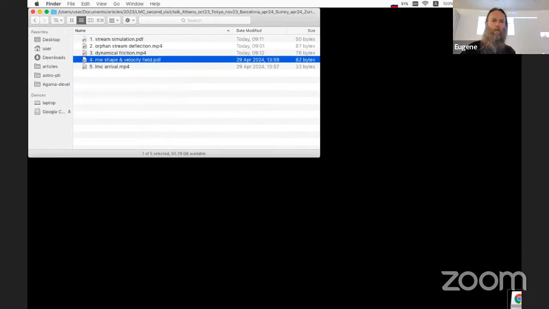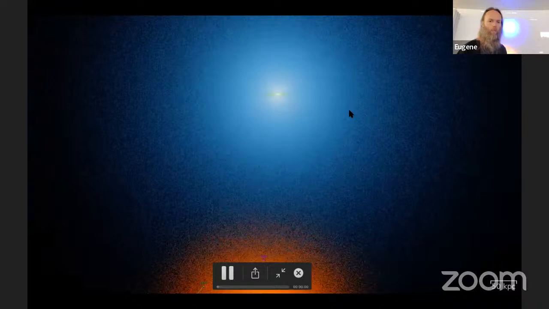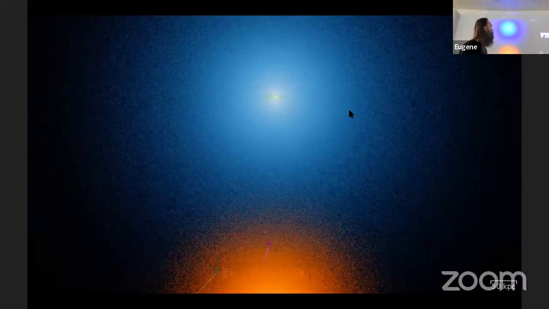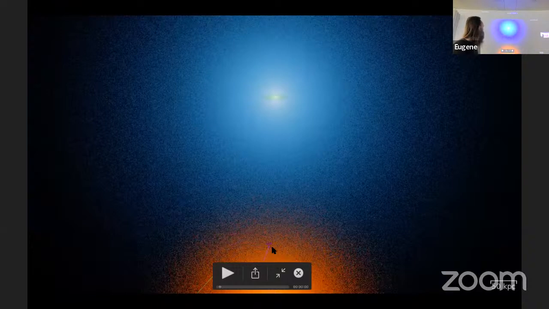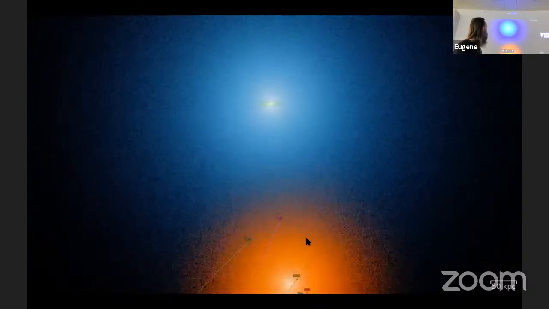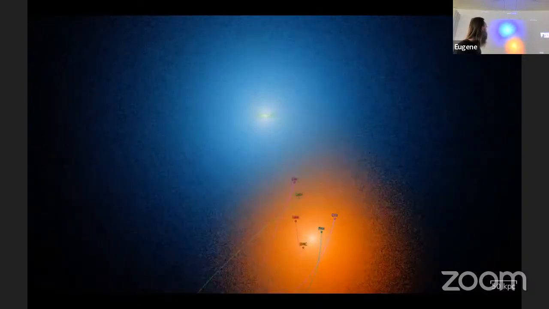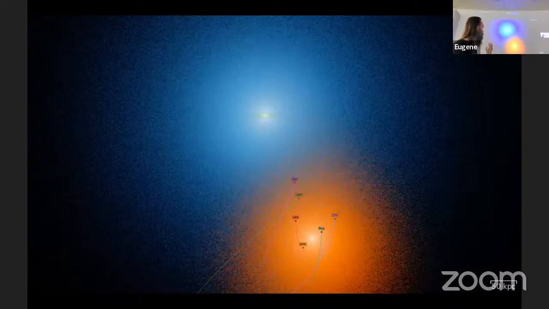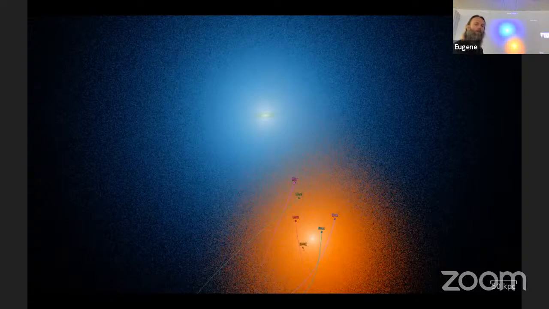Let me show you another movie which illustrates how that scenario could play out. I'm not sure if you could see these small colored dots here, but basically this blue thing is now the Milky Way. The orange one is the LMC coming in. And there are a few galaxies indicated here by dots, which in this case were all assumed to come from the LMC system.